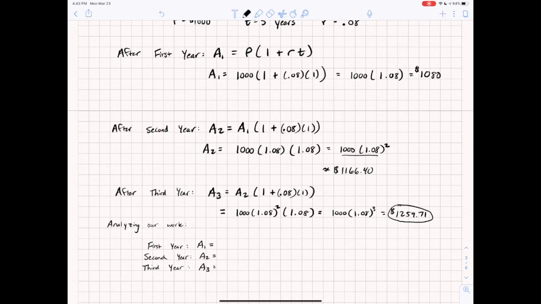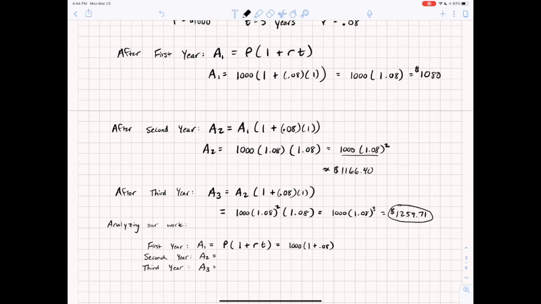Okay, so at the end of the first year, notice we calculated this by essentially doing my initial principal times 1 plus RT, which was again 1,000 times 1 plus 0.08 because time was only 1 year.